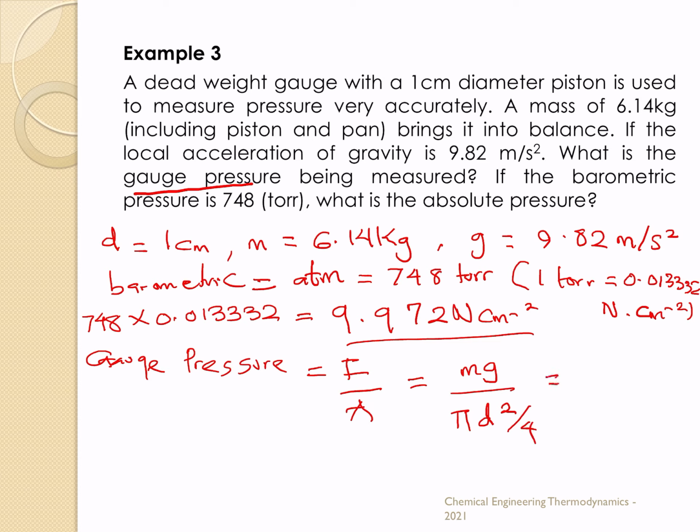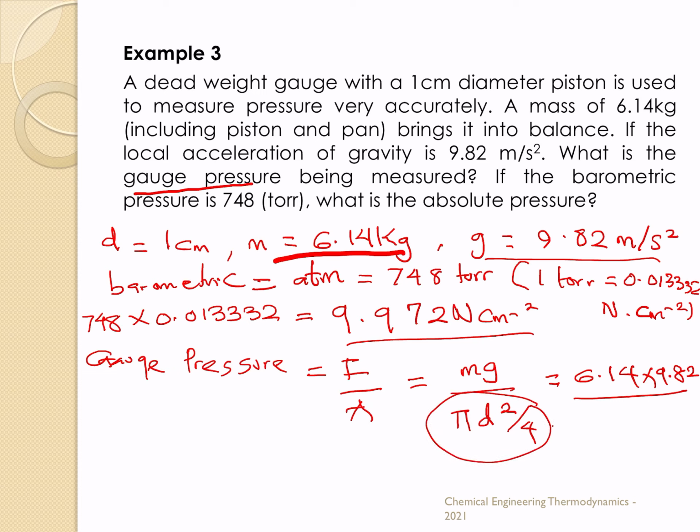If we substitute everything in, we've got the mass, 6.14, multiplied by G, 9.82. And then the area: remember we've been given the diameter, so it's going to give us 0.785.